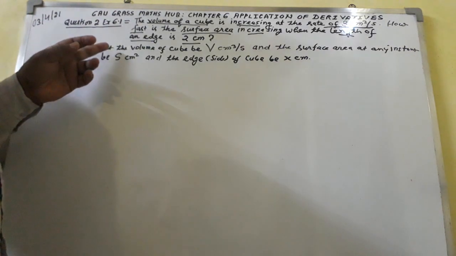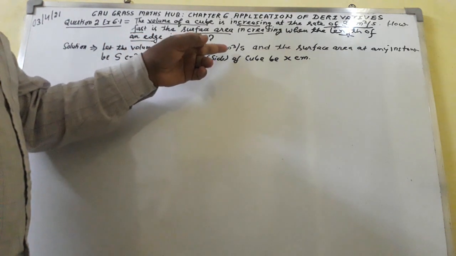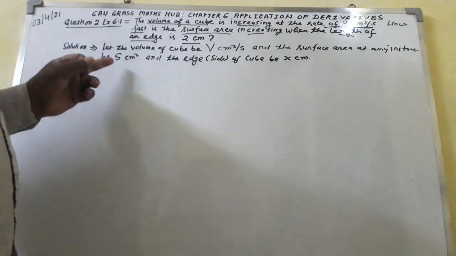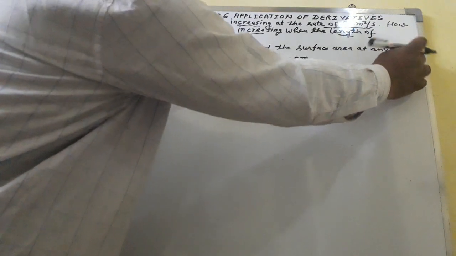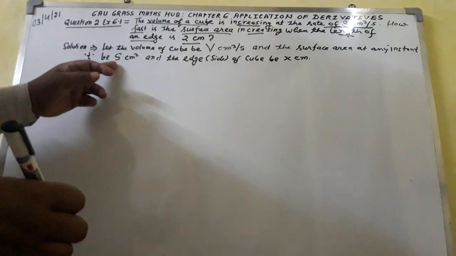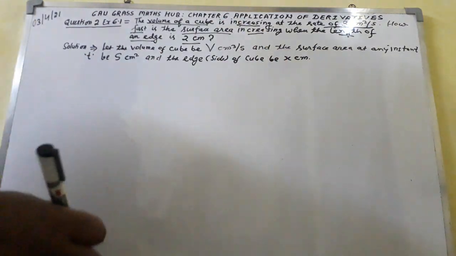Here I have let the volume of cube be V centimeter cube per second and the surface area at any instant t be S centimeter square and edge side of cube be x centimeter.